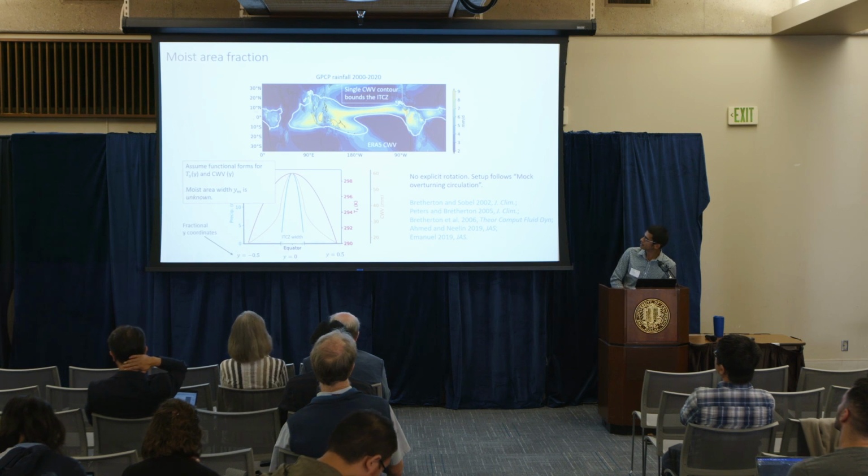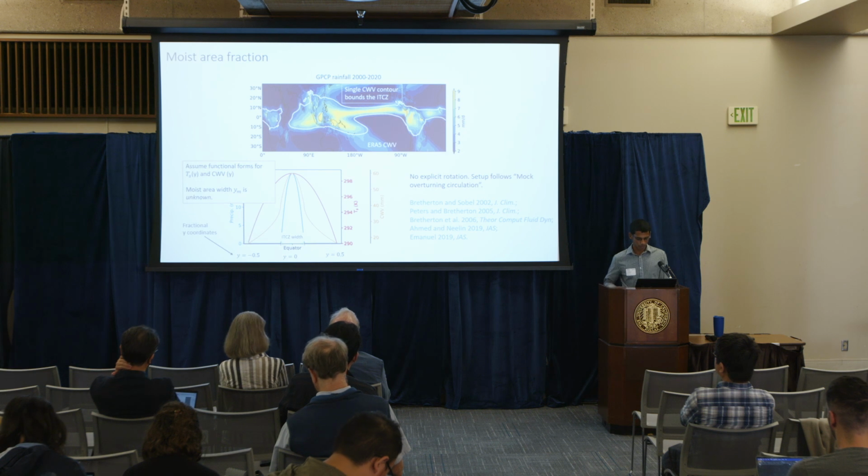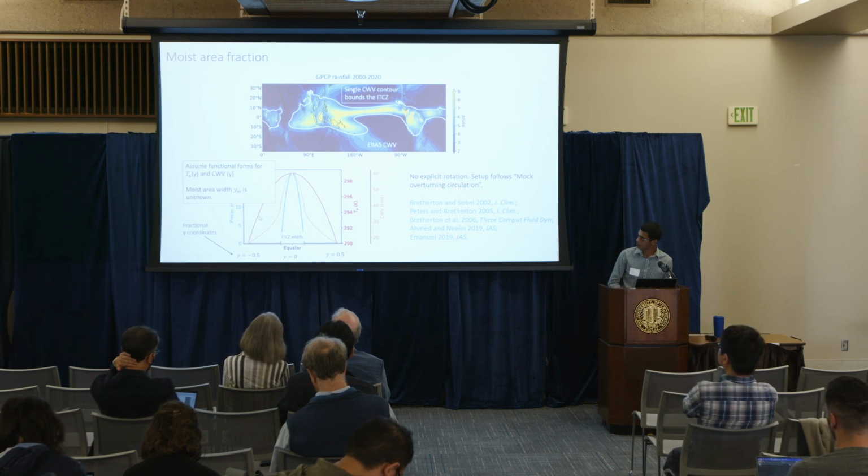Here is time mean precip again, and on top of it I've overlaid a single-valued contour of column water vapor. The column water vapor contour appears to nearly bound what you would intuitively think of as the ITCZ. This gives us grounds to investigate the dynamics of a moist area before we talk about a precipitating area, so that the simplified model setup, on the bottom left, looks like this.